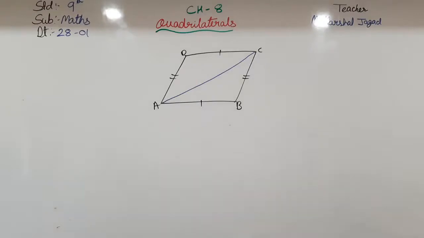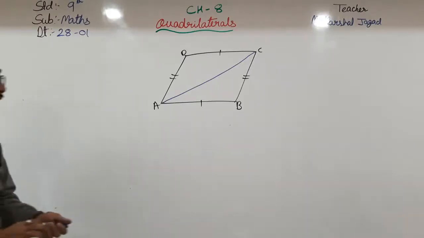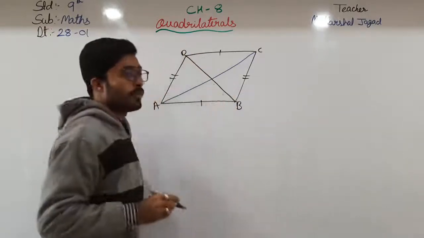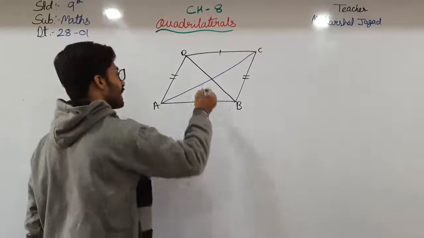Then the another one, theorem number 8.6: the diagonals of a parallelogram bisect each other. Means the diagonals drawn in the parallelogram bisect each other.